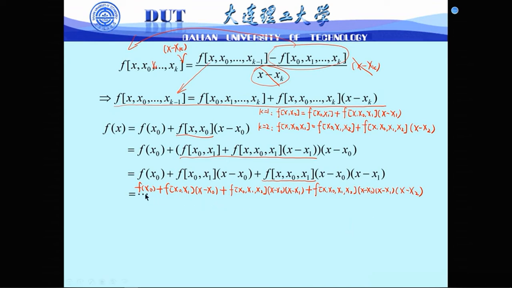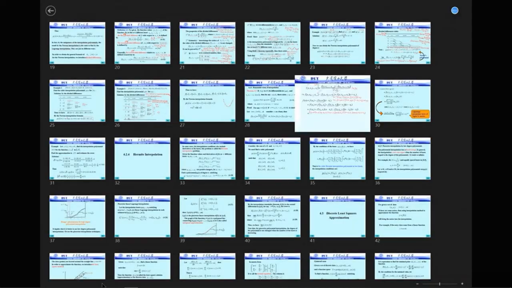Now let's consider these three terms: f(x0) plus f[x0, x1] multiply x minus x0 plus f[x0, x1, x2] multiply x minus x0 multiply x minus x1. Now you see these three terms are just the Lagrange formula for the quadratic polynomial. Remember? Let's review it.